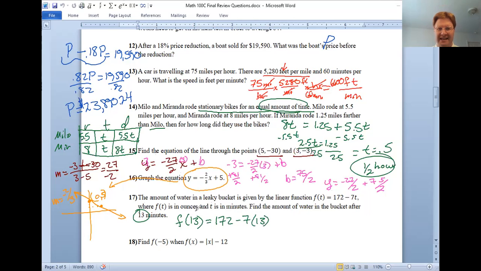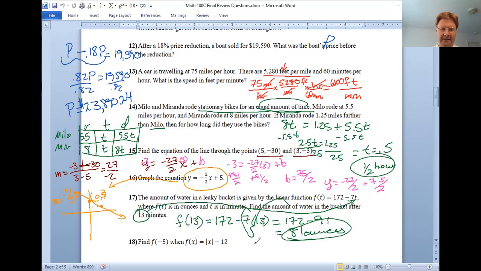We just stick it in wherever the t is. So f of 13 equals 172 minus 7 times 13. And what does that equal? 172 minus 91 equals, looks like 81 ounces are left. Right on.